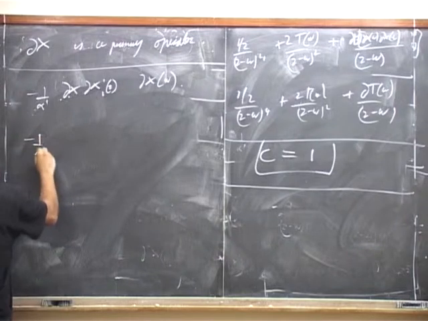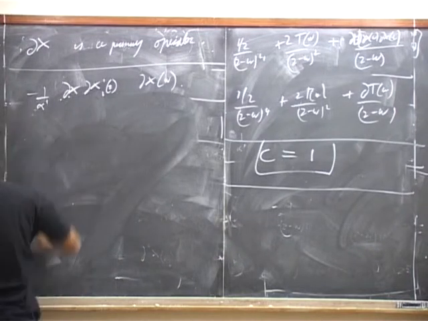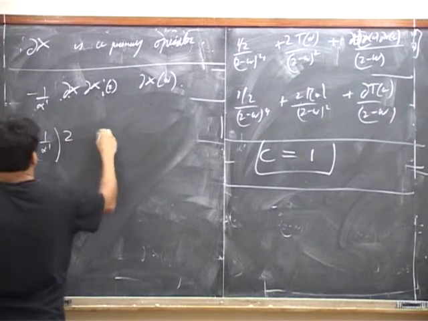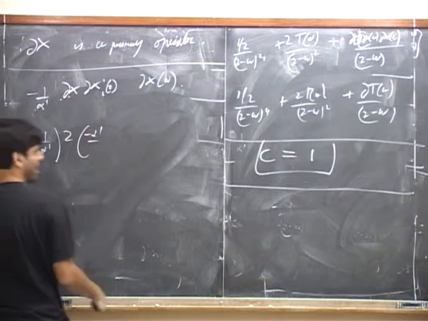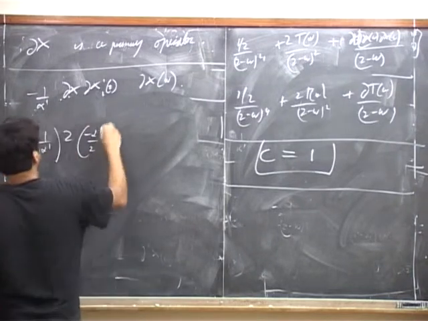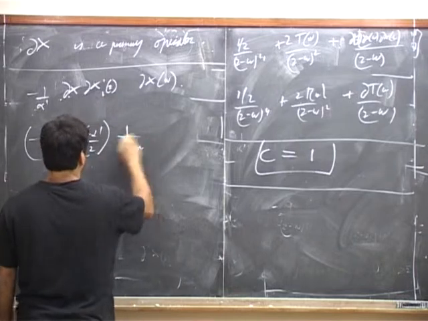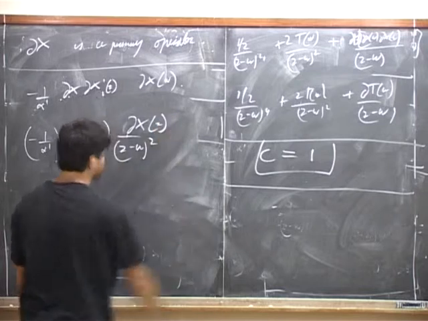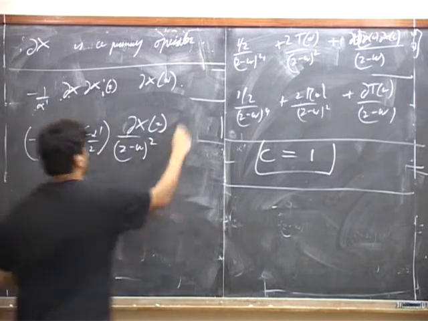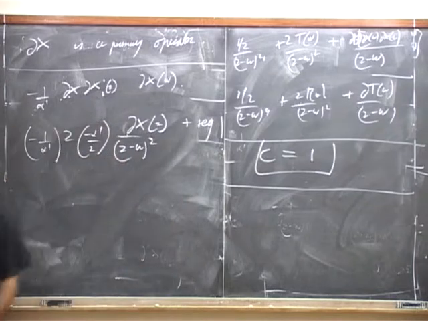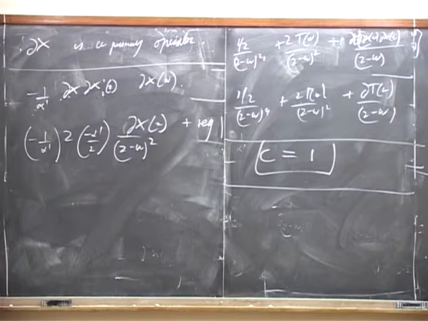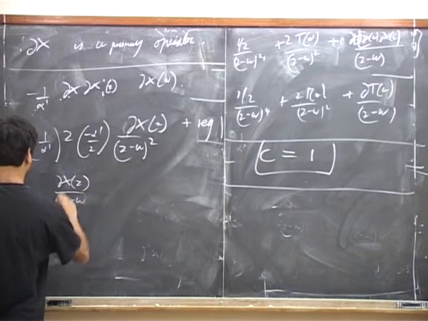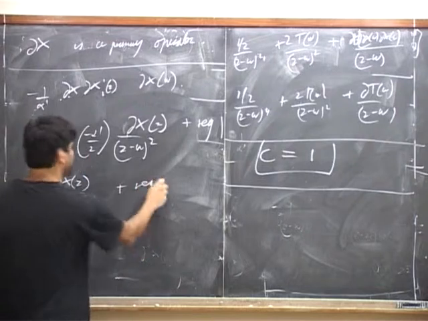So we get minus 1 by alpha prime times 2 times minus alpha prime by 2 times 1 over z minus w, the whole thing squared, times del X at z. Plus the term where everything is non-contracted, so plus 1. So that gives us del X at z over z minus w, the whole thing squared, plus 1.